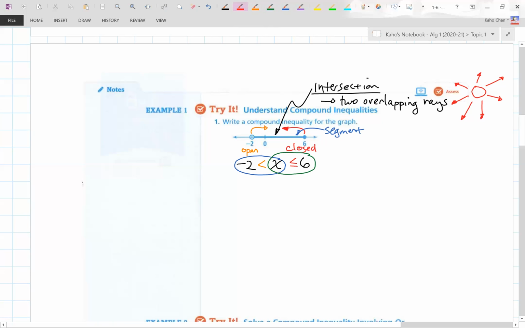And that's it. I would like to mention that this particular compound inequality can be represented by the two separate inequalities with the word and in the middle, like that, okay?